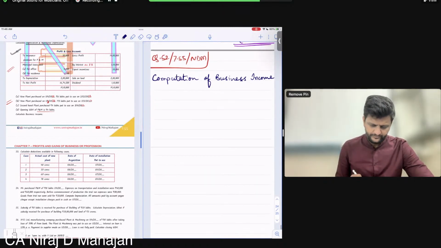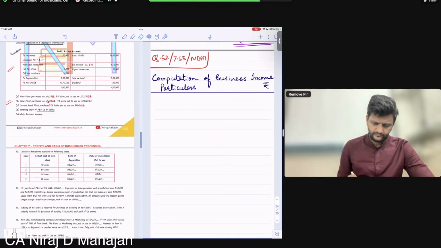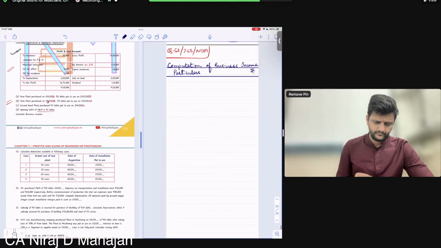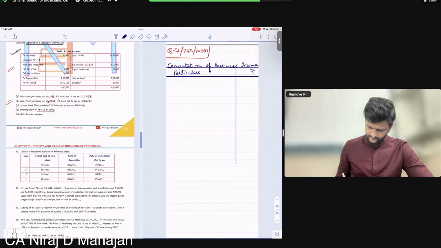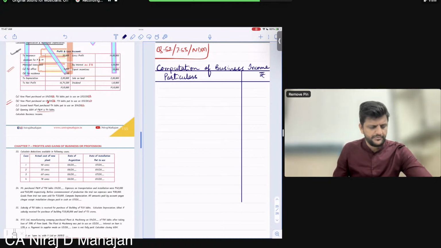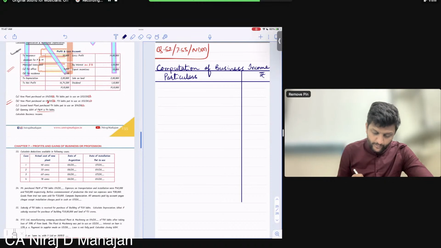Particulars, rupees. Computation of business income of so and so as a C for AY. So right now, net profit as per P&L.